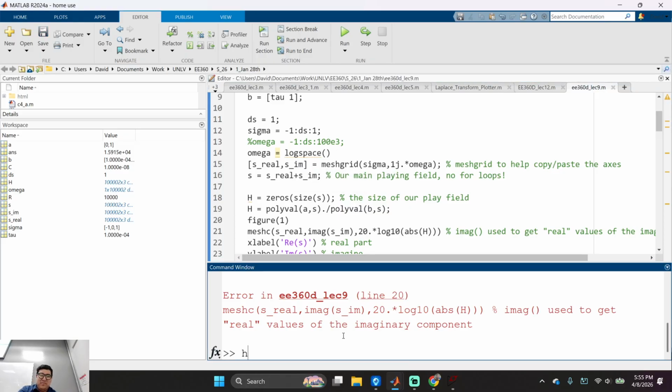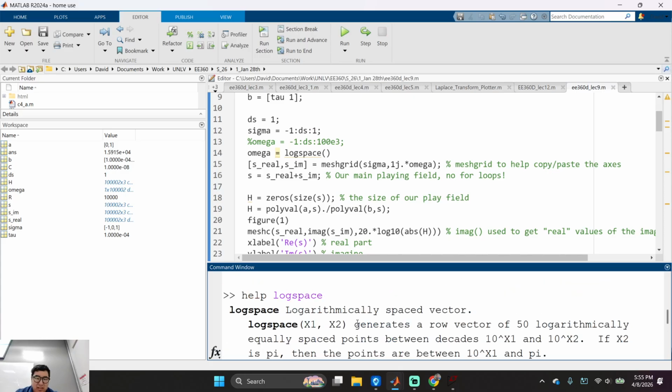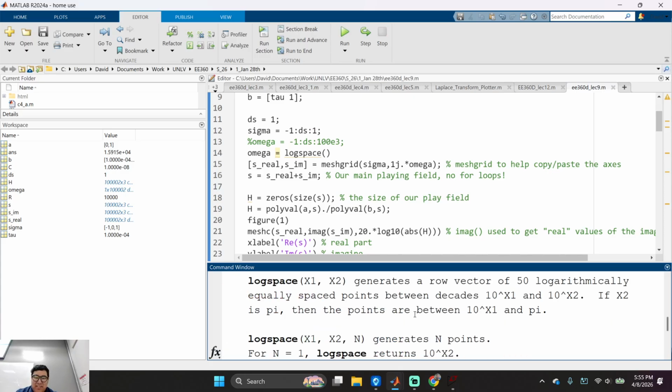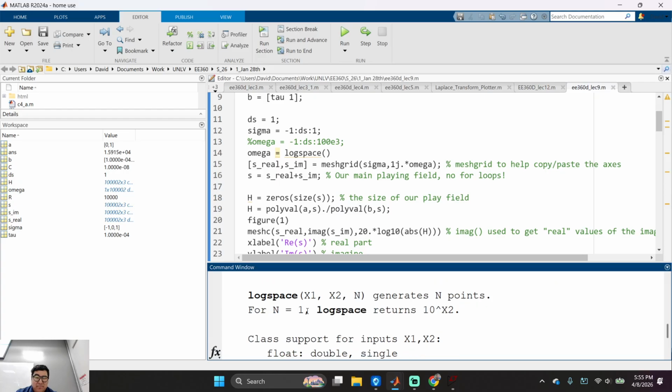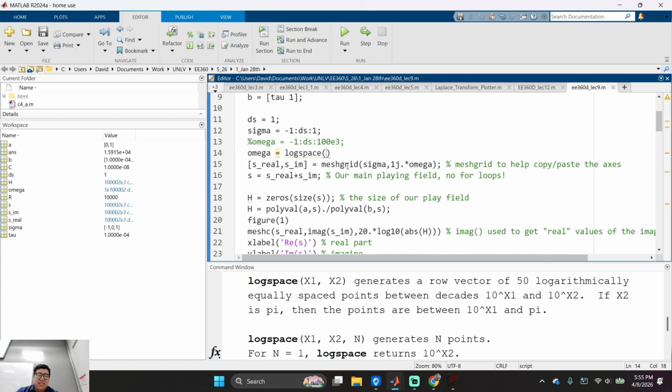What do I do? There we go. Logarithmically spaced vector. Let me see. From this point. Oh, okay. So I want to go from DC to 100E3.